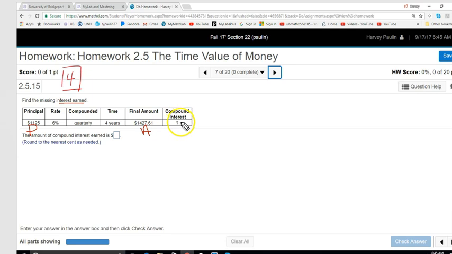And hopefully you said you subtract the principal from the future amount, and that would be the interest. And that comes out to be, once you do that, go ahead, take some time, $302.61. Again, you have to be careful. What are they asking you to do? And that's what you put into the system.